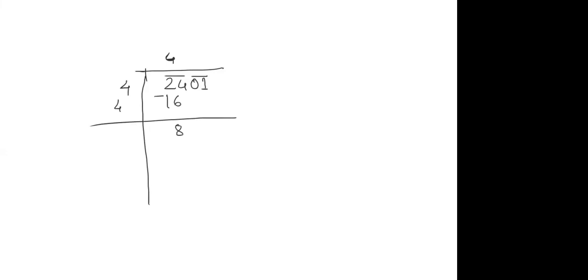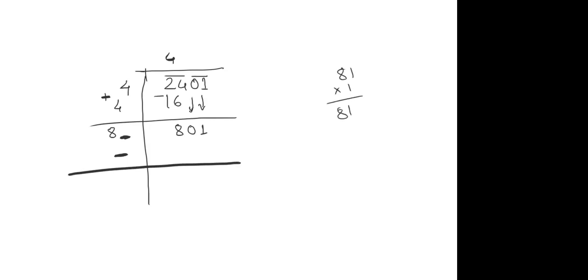I'll add 4 here again. 4 plus 4, 8. And here I've subtracted 16 from 24. When I take down these numbers, I take them as group and I have to use certain number here which will give me 801. So 81 into 81 is going to be 81, but I don't want 81, I want 801. So what I'll do, I'll use 9 in place of the blank.